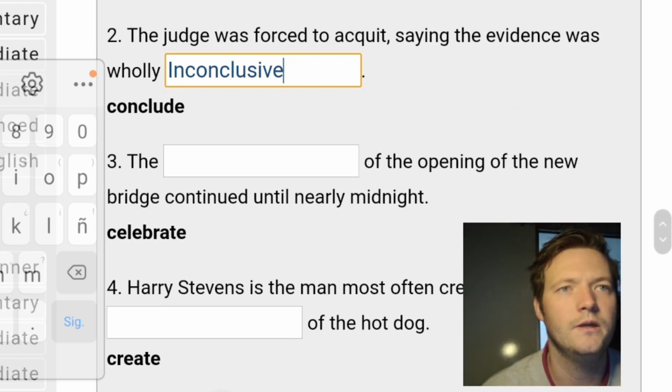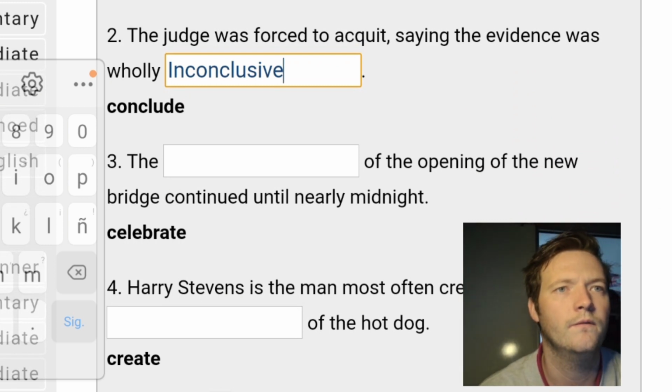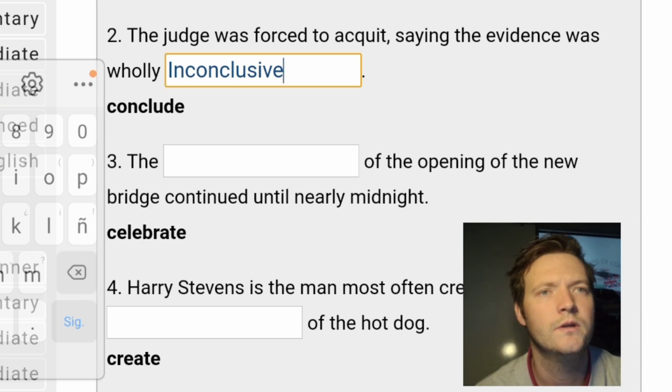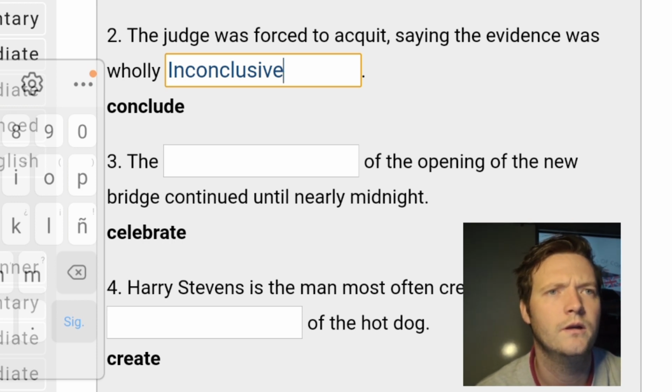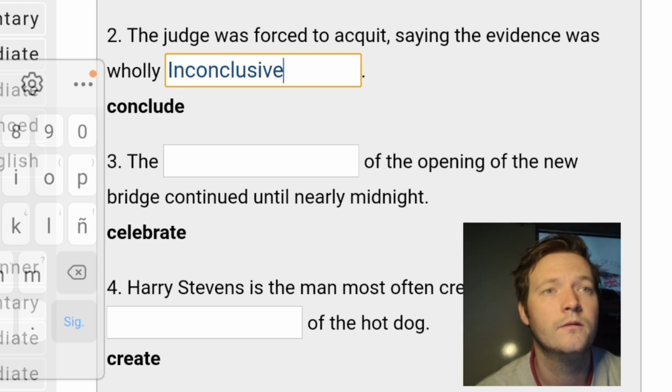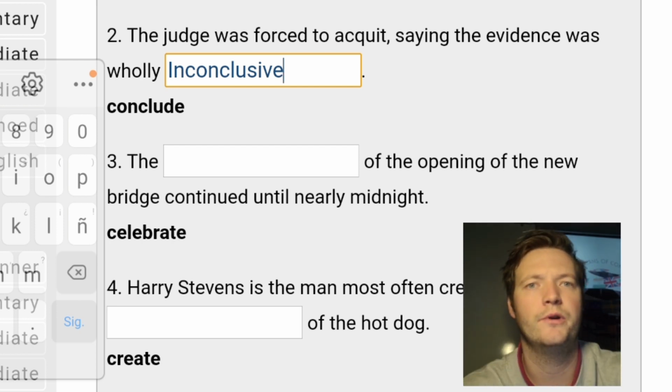Okay. The celebration of the opening of the new bridge continued until nearly midnight. Well, I think celebration.